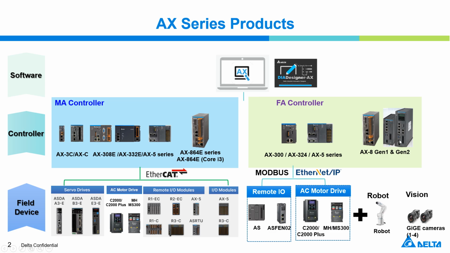Especially for generation 2, you can see from the appearance that compared with generation 1, it has more LAN ports. For example, this module can support four LAN ports. This is very suitable for factory automation control, because sometimes you need more LAN ports for communication. So this kind of module is very suitable for this application.